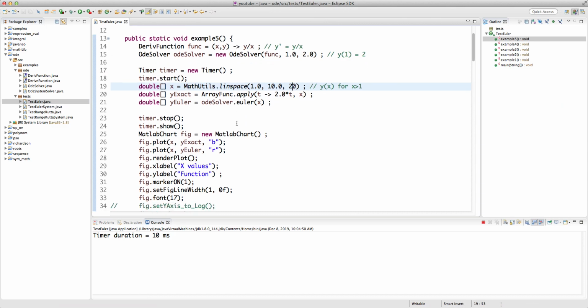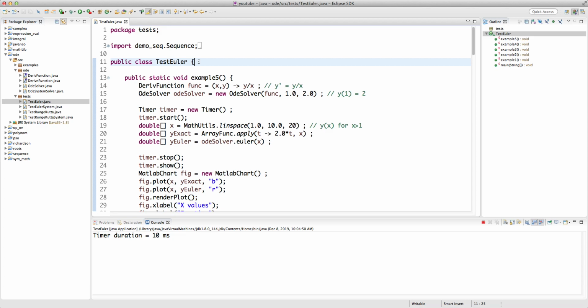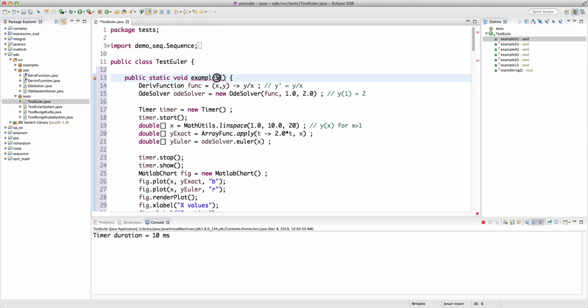In order to look at the error, let me just create a new example. Let's call this example 6.